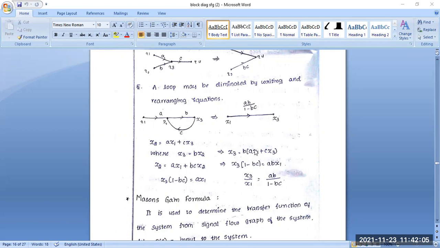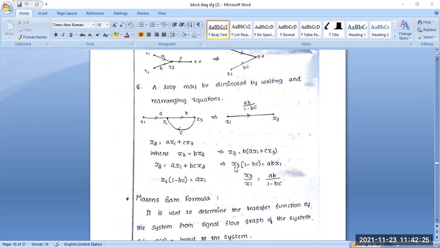Okay, so now we have to accommodate this equation, x3 and x3 here and here. So when x3 is the common part, that is 1 minus bc, because b is multiplied in that part and in that part also. The rest of the part, that is abx1, is here.